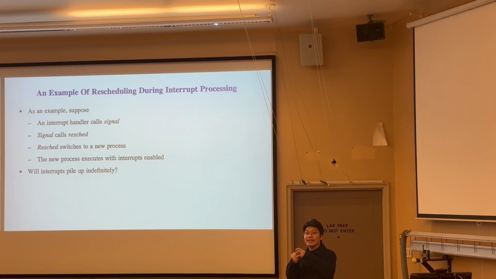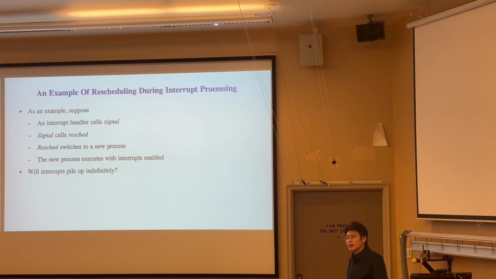So you have nested interrupt handlers. You have one interrupt handler executing, and in the middle of it, you switch to another process that has interrupts enabled, and another interrupt happens. That interrupts that process, and you need to execute that interrupt handler. And this goes on. You can have nested interrupt handlers executing in this manner. The question is, will interrupts pile up indefinitely?